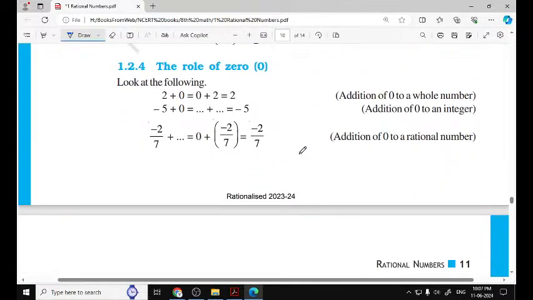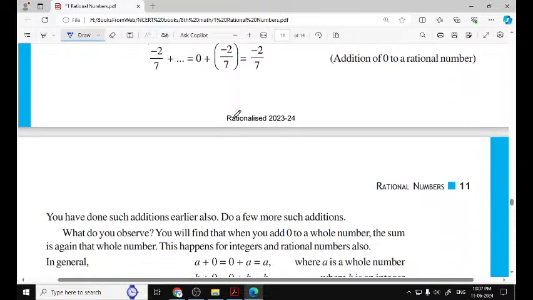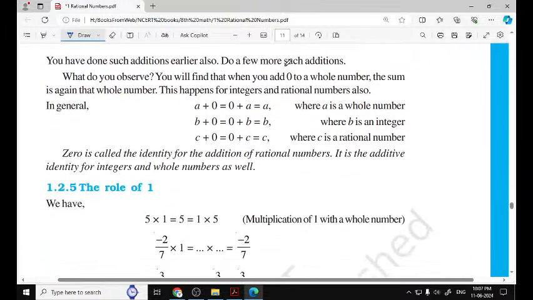The role of 0. Addition of 0 with a whole number. Consider any whole number, add it with 0, you will get the same whole number. Addition of 0 with an integer. Minus 5 plus 0 is minus 5. Addition of 0 with a rational number will give us the same rational number. So here we find that when we add 0 to a whole number, the sum is the whole number, and this is true for integers and rational numbers also.